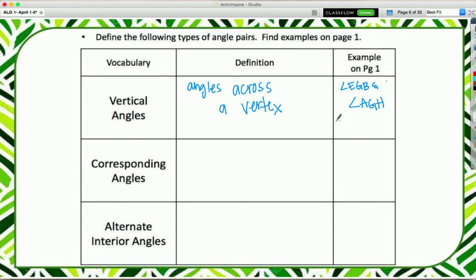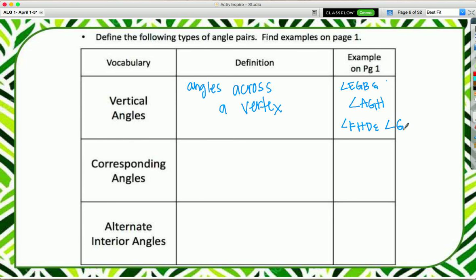If I pick another example, angle FHD, which is in the bottom right corner, what is vertical to angle FHD? GHC? Yes, okay.